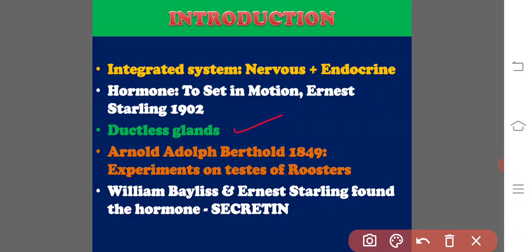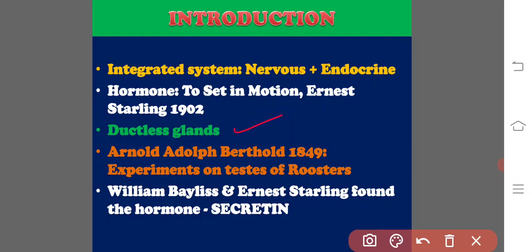That is, a hormone is a chemical messenger produced by an endocrine gland, released into the blood, and transported to a distant organ, which is commonly called the target organ, where it exerts the specific action by attaching to the specific receptor of the target organ.